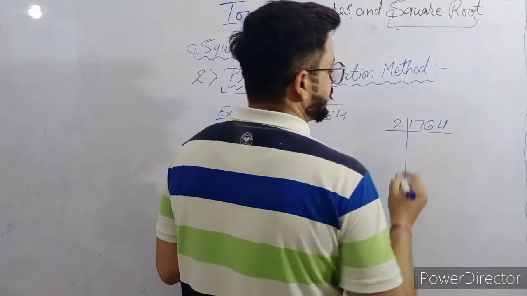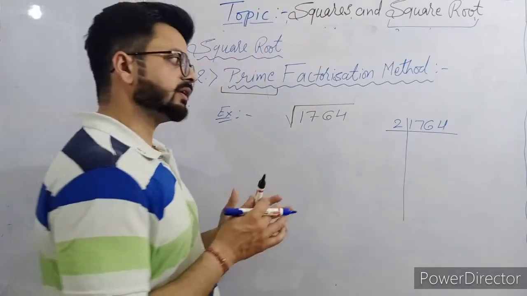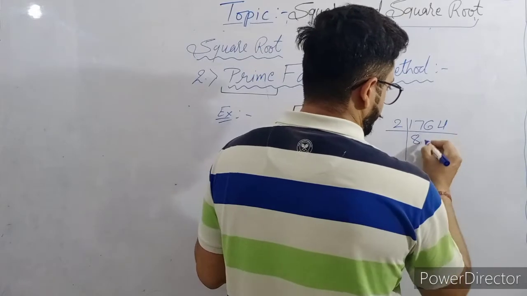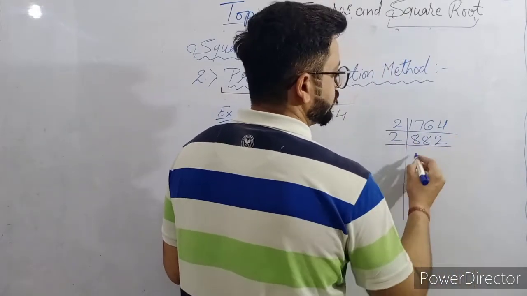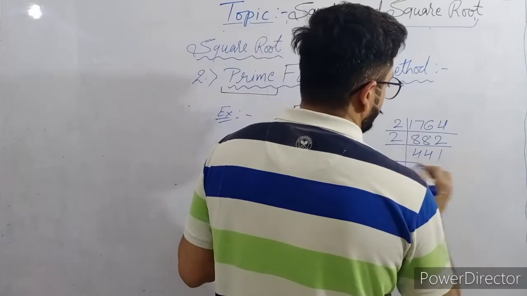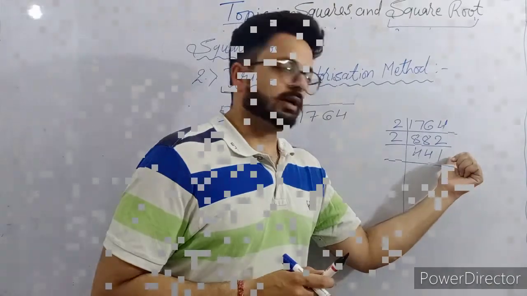This number is divisible by 2, then 882 will come. Now again divisible by 2, 441. Now this number is not divisible by 2 because it's not an even number.